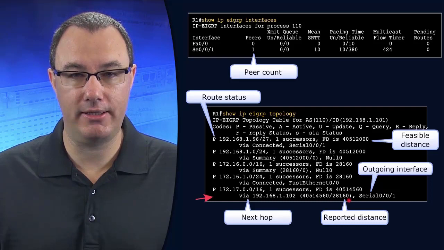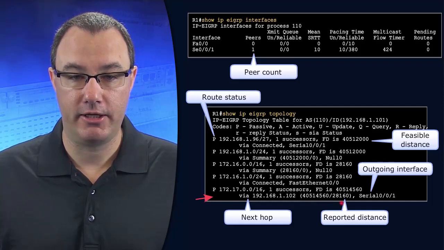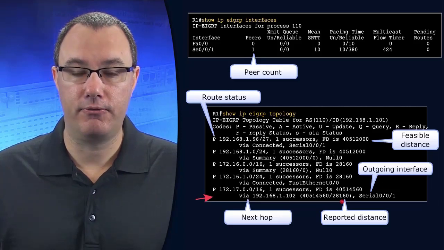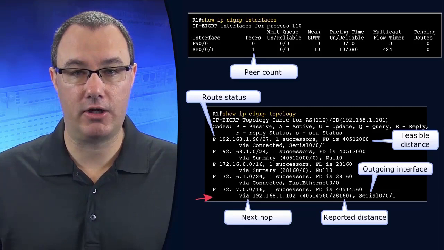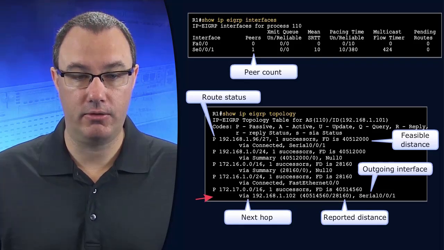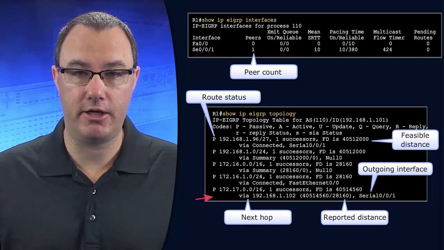And so it's really important that we be able to say, all right, I know that's the feasible distance, the 40 million value, and the 28,000 value, that's the reported distance, sometimes called advertised distance. And we're going to use that for qualification of things like feasible successors, which are the backup routes EIGRP uses.